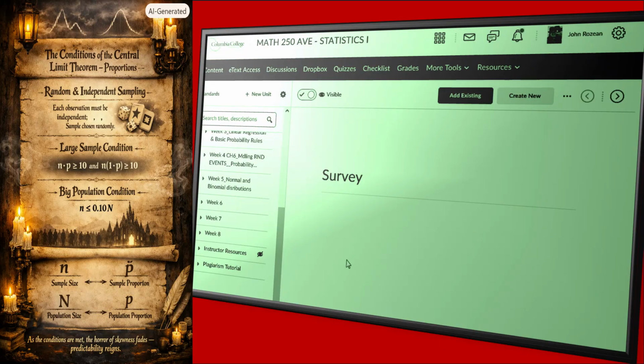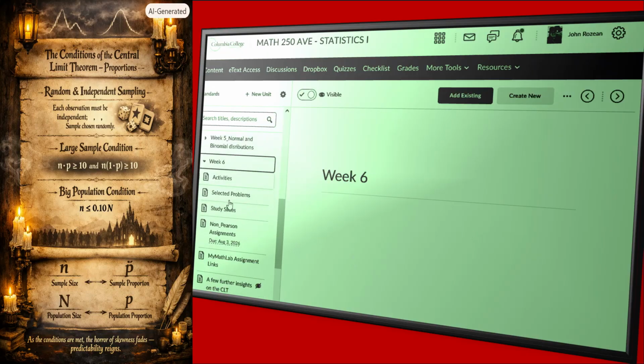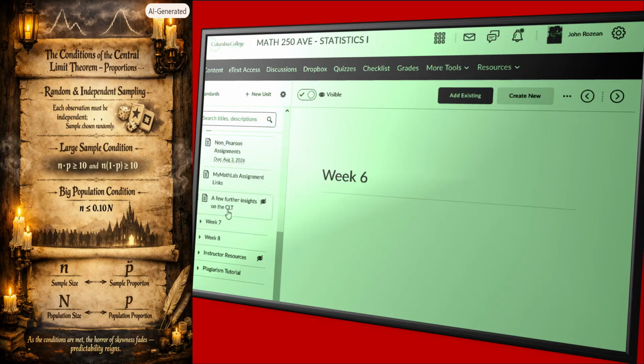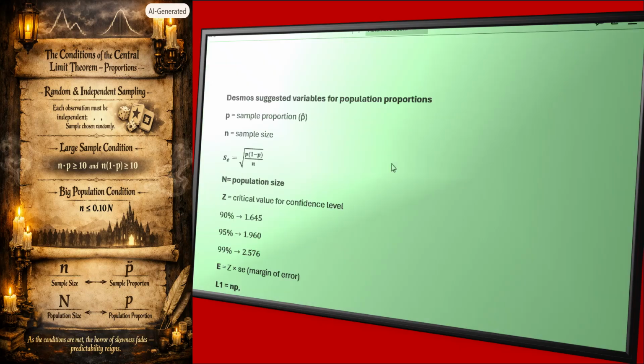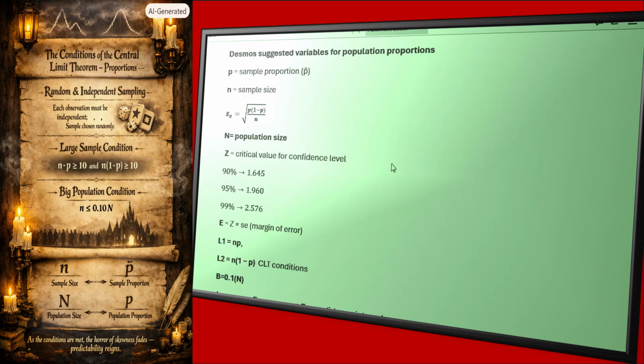I want to show you a file that is in week 6. If you scroll on down here, you'll see this page, further insights on the central limit theorem. I just kind of explain why we have this. We'll talk about this maybe later, but right now I just want to start with this Desmos suggested population that we have here.